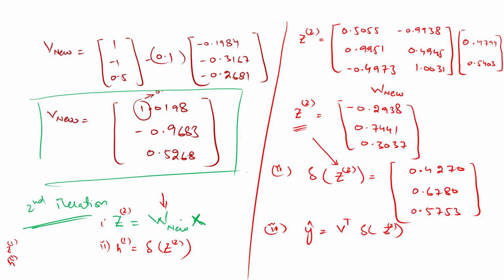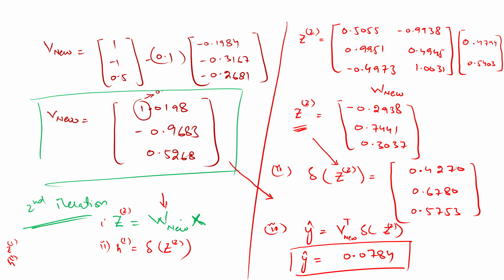The z2 represents the second iteration, recent values. And now note this v transpose will also be the new one, which we calculated over here. So what we will get is a new value for estimated function. This will be 0.0784. Okay, and after that all the steps are same, nothing changes.